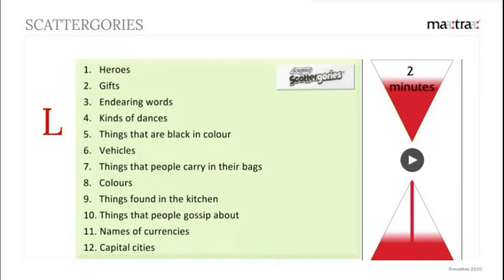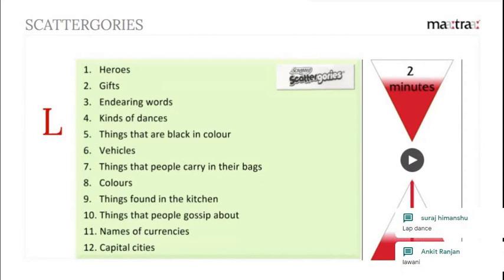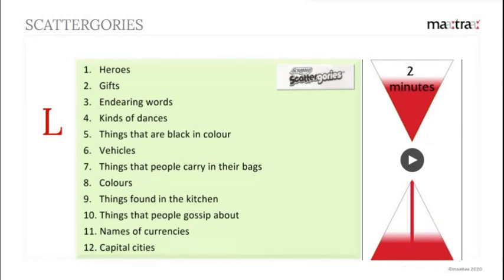Kinds of dances. Lavani, yes. I have no idea what La Rosca is. Lap dance. Lavani. Lungi dance. I don't think that's a valid dance, but yes, that's now a dance. Lungi dance. What about the rumba, the last rumba, the dance of love? That's an interesting dance as well.